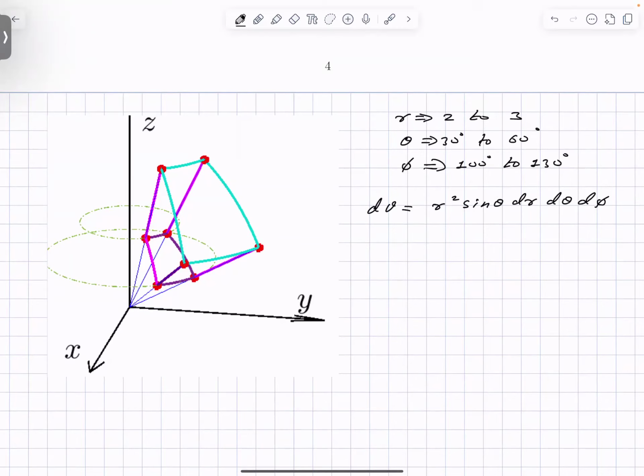So to get the volume for this regular object, we have to integrate the differential volume over r, theta, and phi. So one way to write that integral is to just say volume. That means we are integrating in 3 dimensions. It's a triple integral. And so we write r squared sine theta dr d theta d phi.